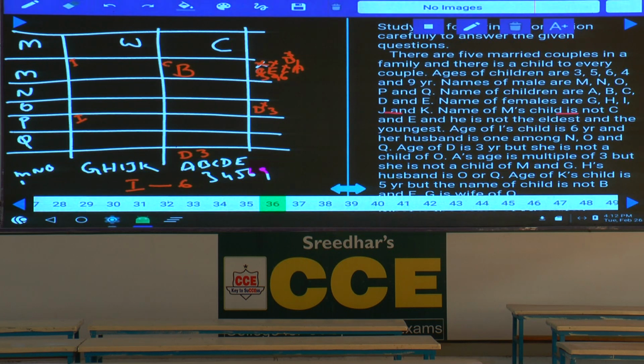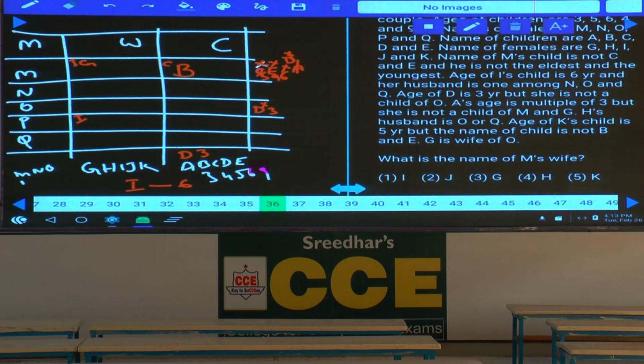As B is here, then what is the age of this B? Now I cannot be here, isn't it? A's age is a multiple of 3, but she is not a child of M and G. Cannot be the child of G. This M is not the husband of I and G.